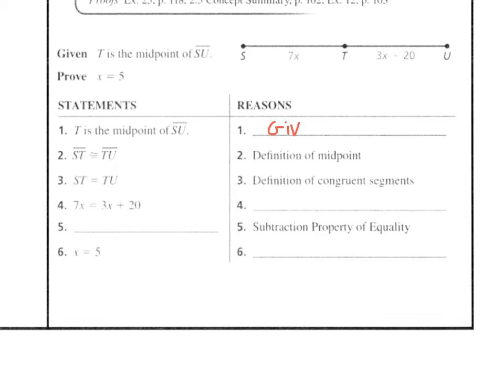We actually have two more givens in this problem that are not currently written down, but are in the diagram. So what else is given based on the diagram? Tori? Right. These two things right here. Those are given for you.